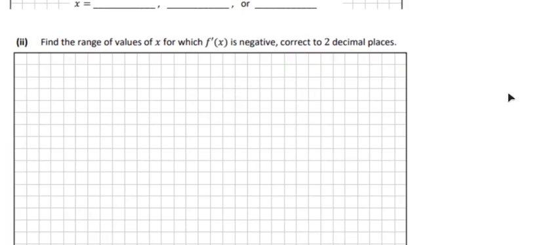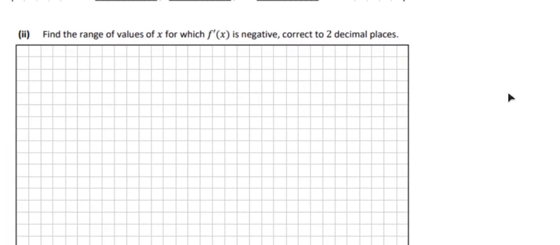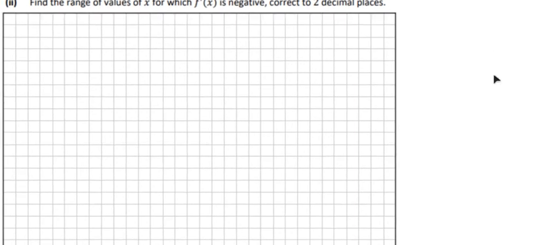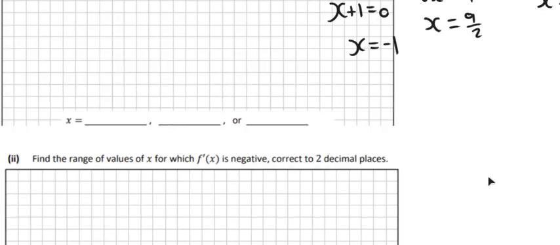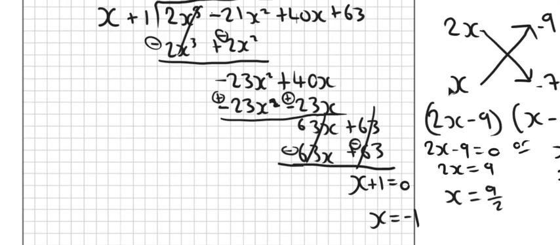Right, find the range of values for x for which f dash x is negative, correct to 2 decimal places. So for which that's negative.